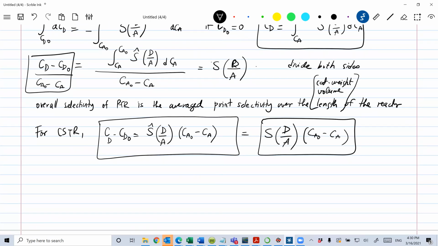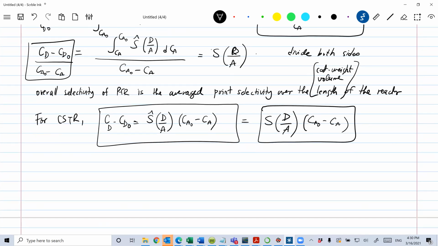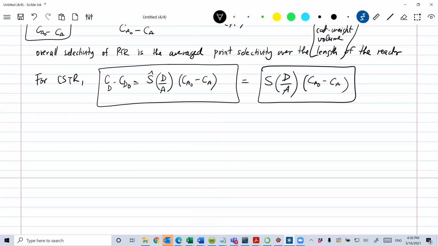So if you just know how much A is coming out of the reactor, you can figure out how much D is made. But we'll get to that hopefully soon, maybe next time. I'm hoping to go through all these concepts right now.